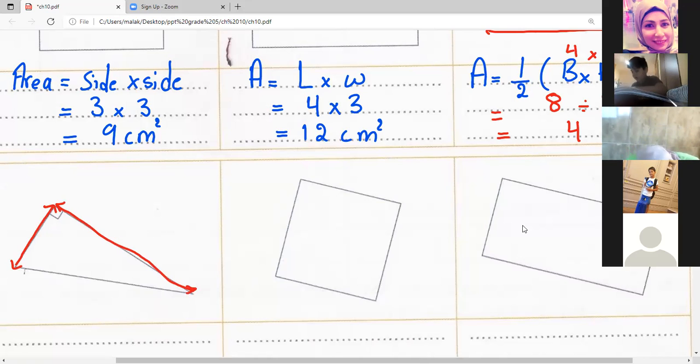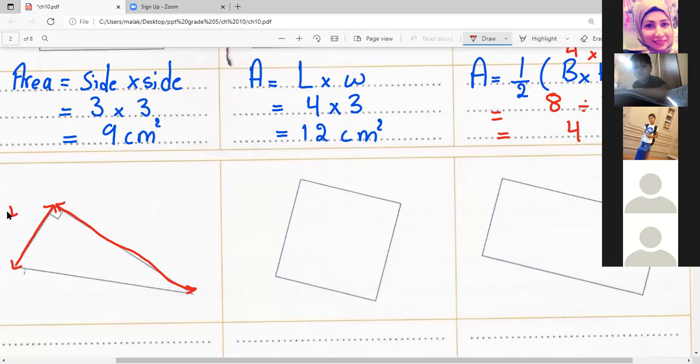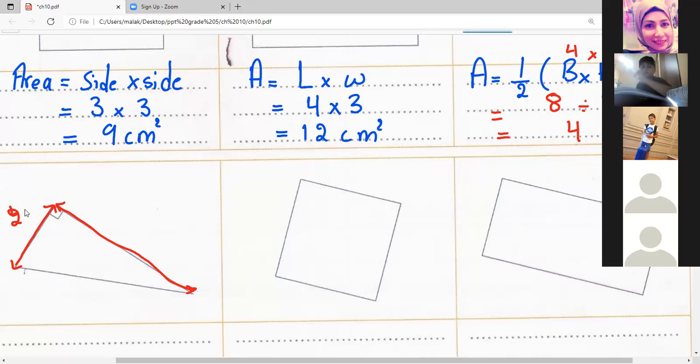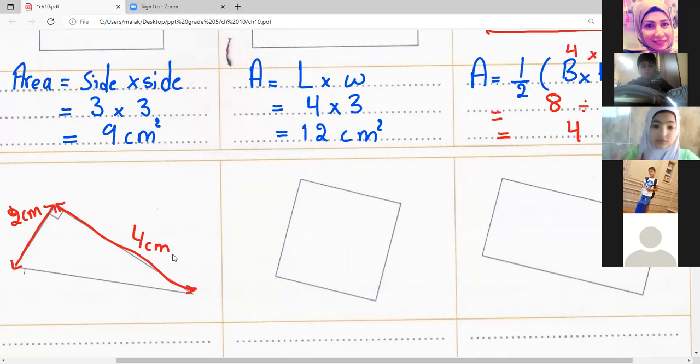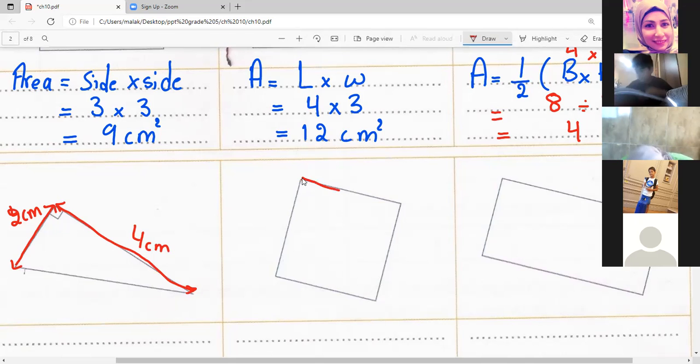The base, I think it's 4. And height? I meant height 4, not base. 2 and 4. Okay. Now the square.